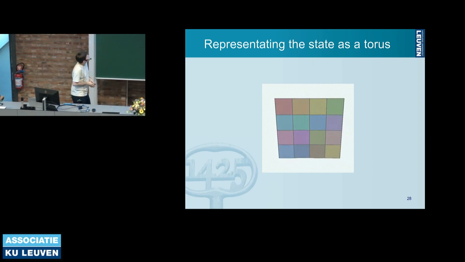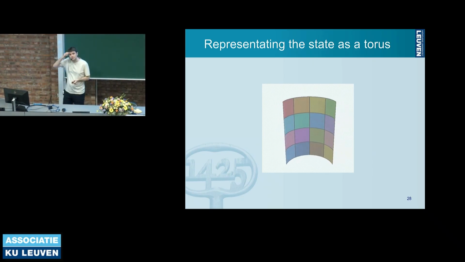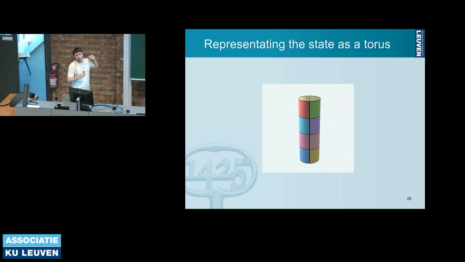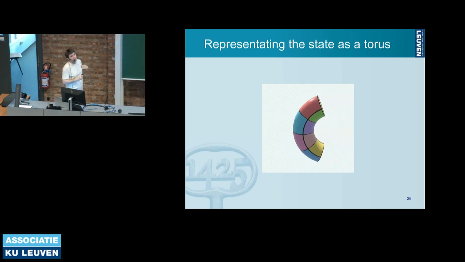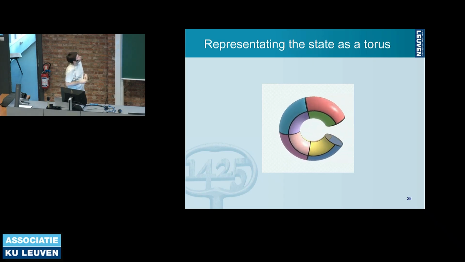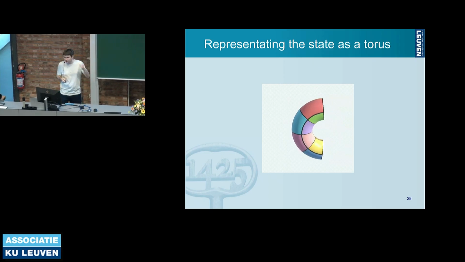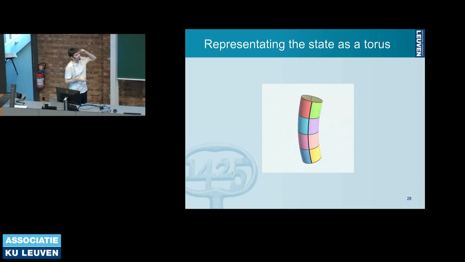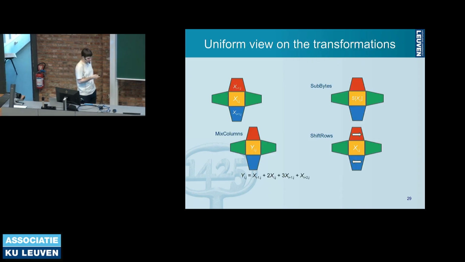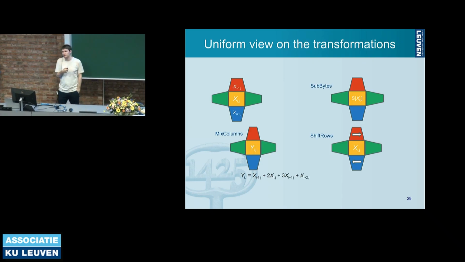Now something just a bit for amusement, as a small break maybe. If you have this square, you can always roll up this square into a cylinder and then deform the cylinder into a torus. Why do I say this? Once you think of the state as a torus instead of as this square, you can have a slightly nicer view of the operations of the AES.